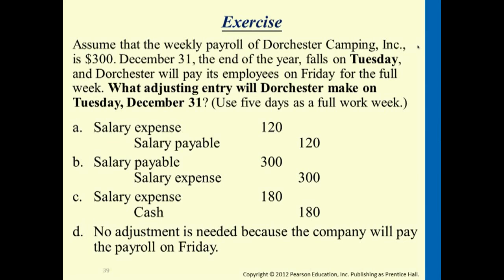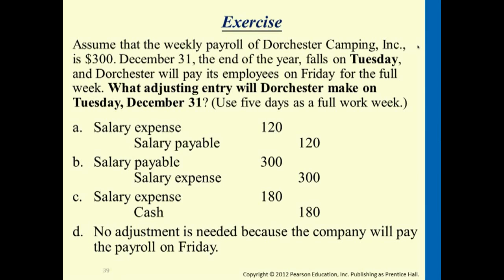So if it was a weekly journal entry for salary, then what would be the dollar amount if it's a regular week? It would just be $300, right? For 5 days. Now, it falls on a Tuesday, which means that by the end of the year, if all the other entries were captured on a weekly basis already, then this week there was only Monday and Tuesday, and that's it, right?